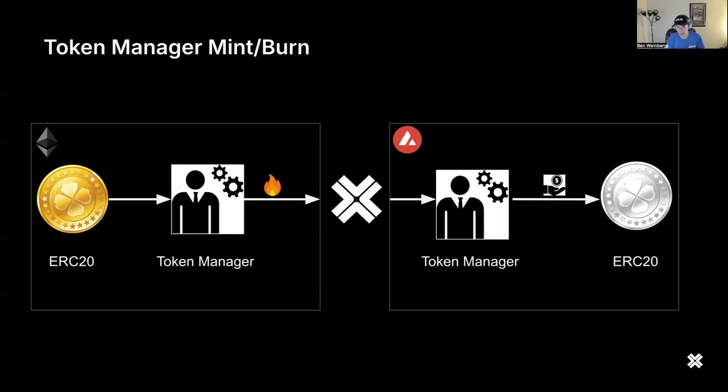Once they're happy, they will forward that message over to the Avalanche blockchain, where our token manager there will mint the token. And it's as simple as that. So interchain transfer on Ethereum, manager burns it, message goes to Axelar. Axelar forwards it to ITS on the destination chain. Our manager then mints the token.